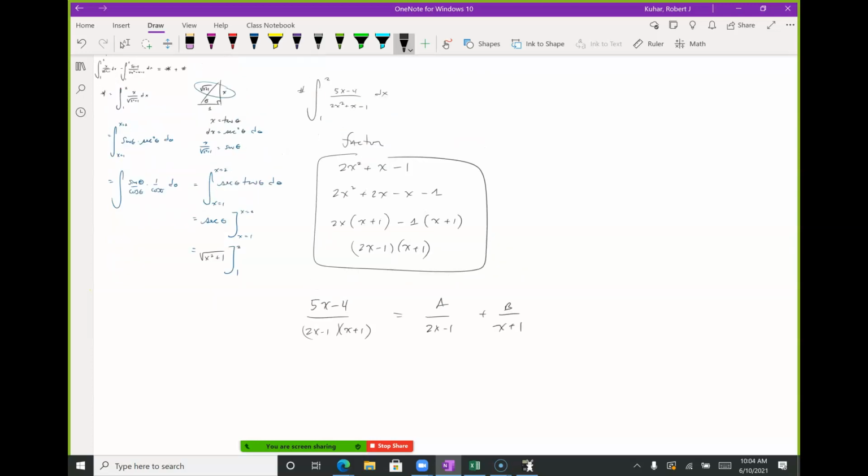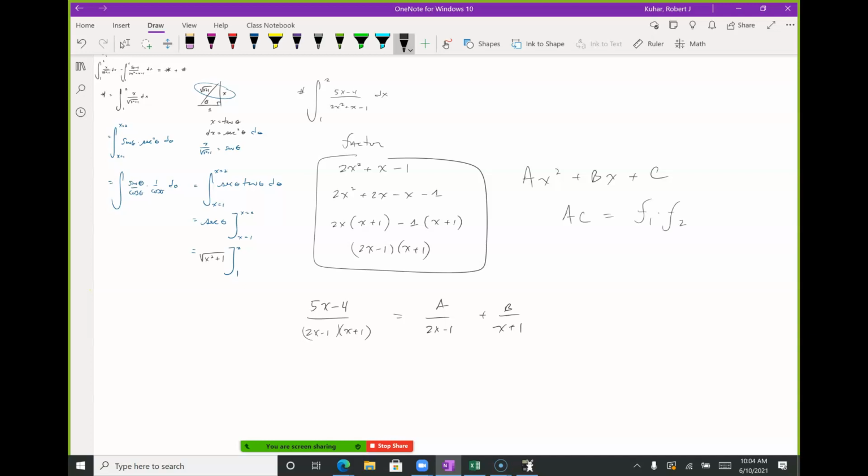Yeah, can you explain splitting the middle? Yeah, so we learned in algebra 2, if I have ax squared plus bx plus c, I could find AC, right? And F1 times F2 is AC, and F1 plus F2 is B. So I did 2 times -1 is -2, right? And so the factors of -2 are 2 and -1.